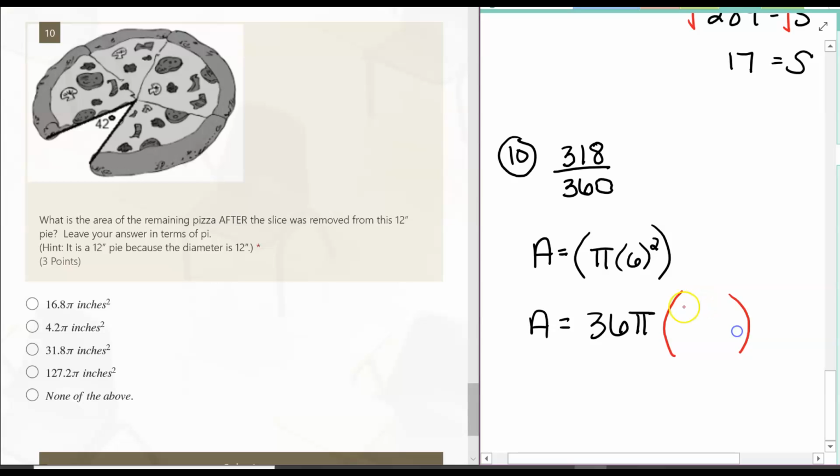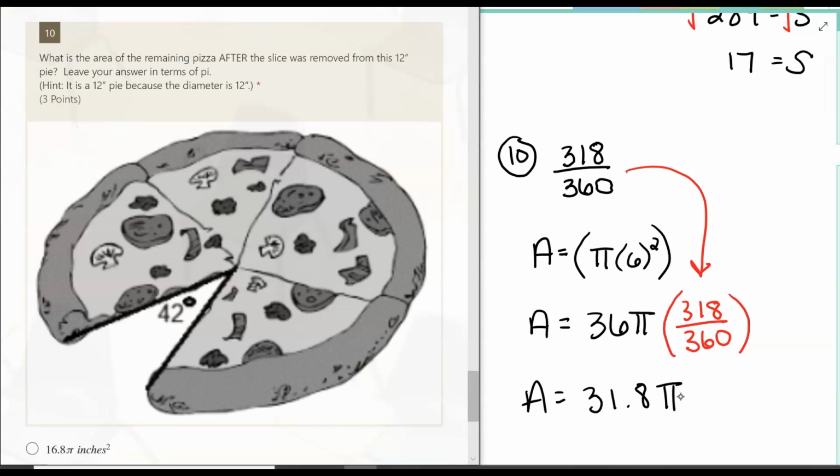We're looking for just this fraction of the pie, 318 degrees out of the full 360. So I'm going to combine that. 36 times 318 divided by 360 tells me that my area is equal to 31.8 pi inches squared.